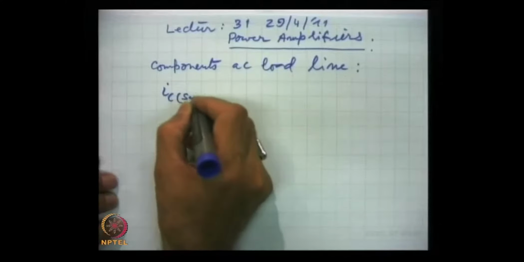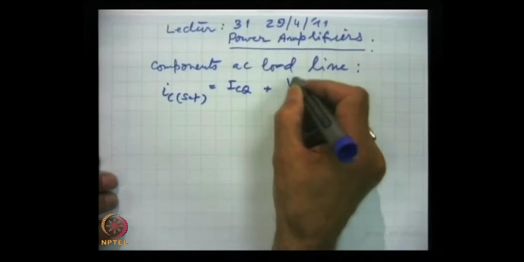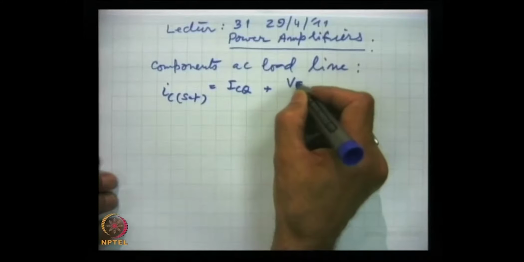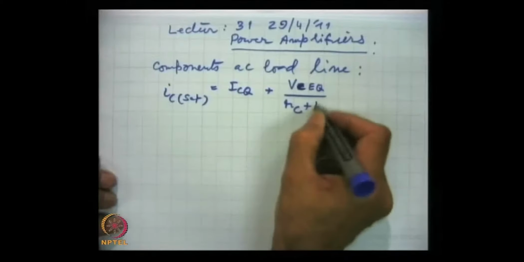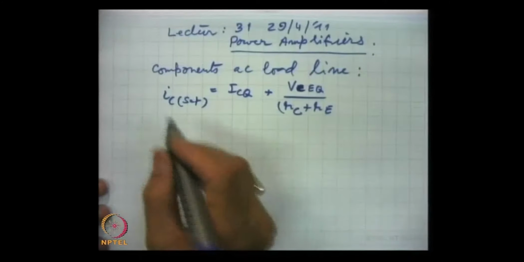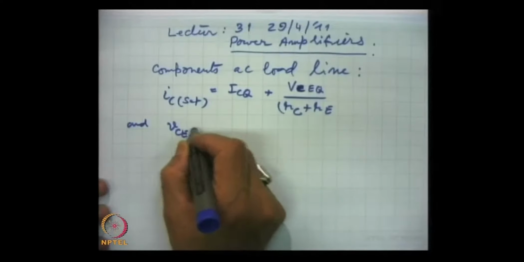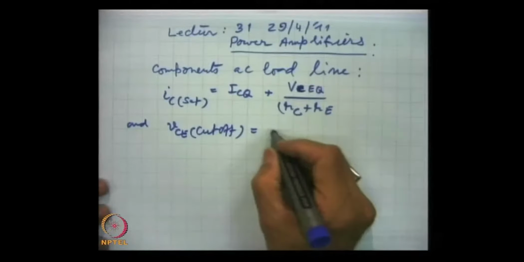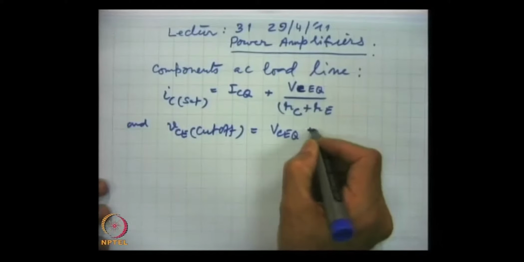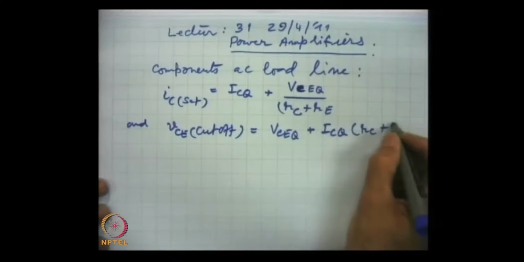IC saturation is ICQ plus VCEQ by RC plus RE, and VCE cutoff is VCEQ plus ICQ times RC plus RE.